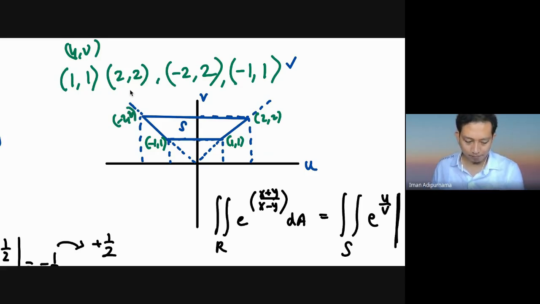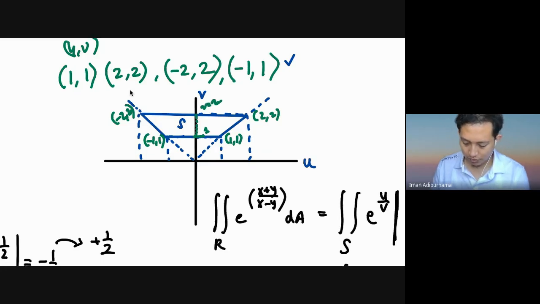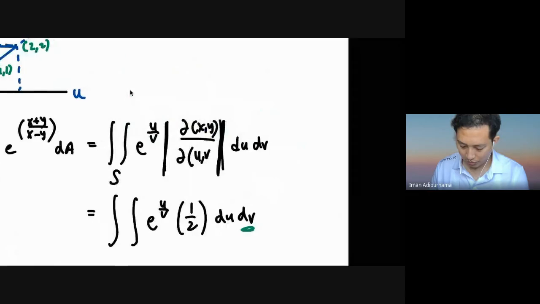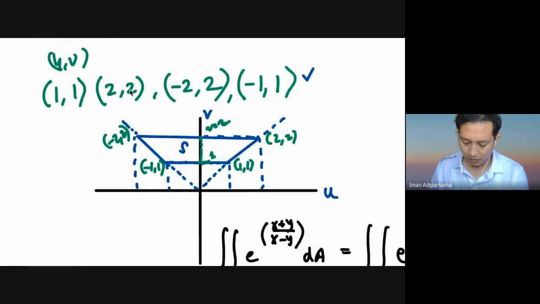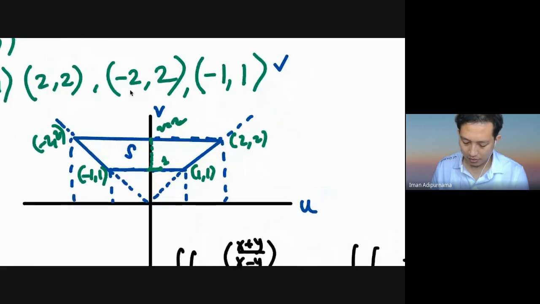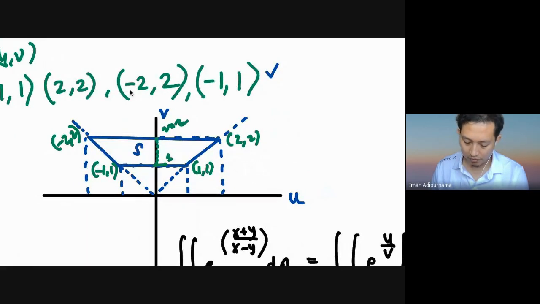Okay. So this is v equal 1, right? This is v equal 1. It will go up until v equal 2. So v will be 1 to 2. And how about the u? The u, because it's an equation and it has a slope, right? So we need to take the line equations, right?